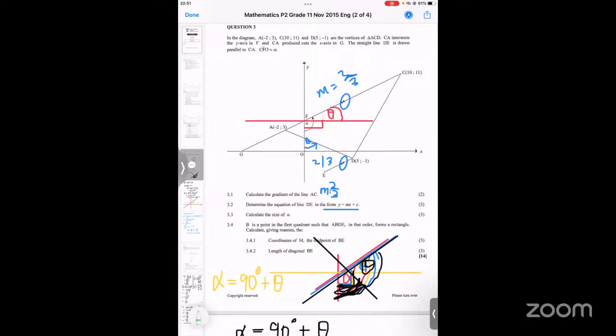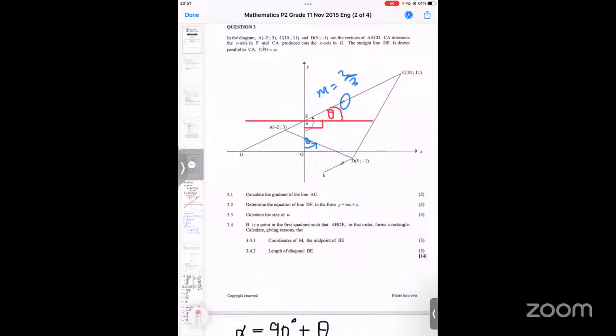Okay, let me do this. Because this question will only make sense if with a pencil you just try to draw what they are talking about there. I'll just remove all of these.